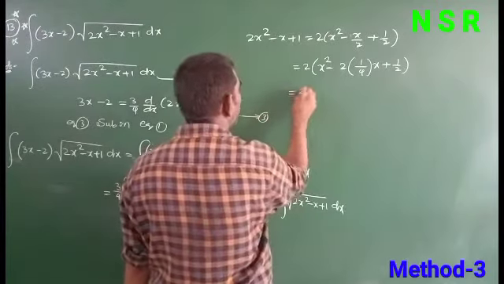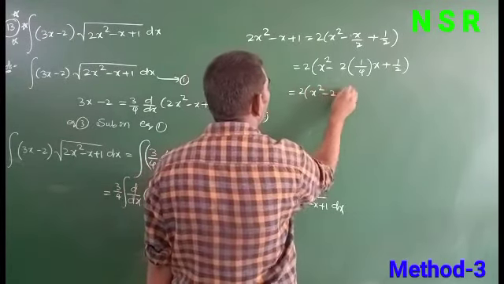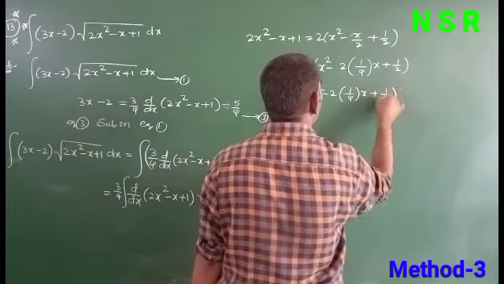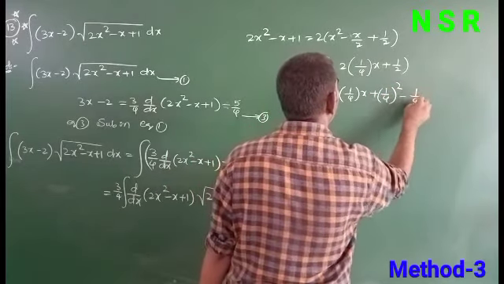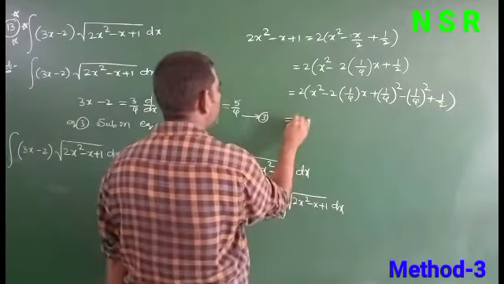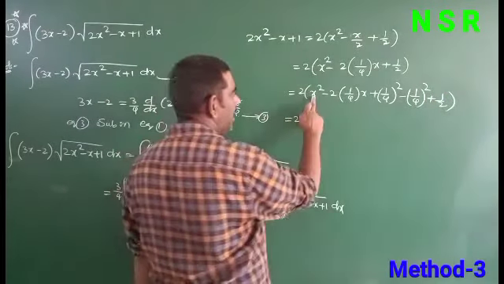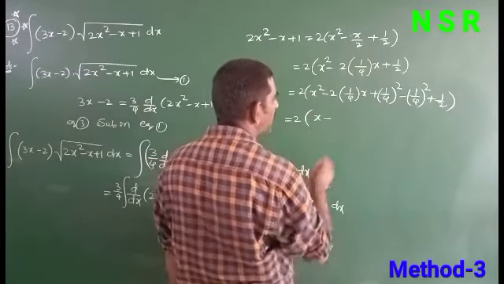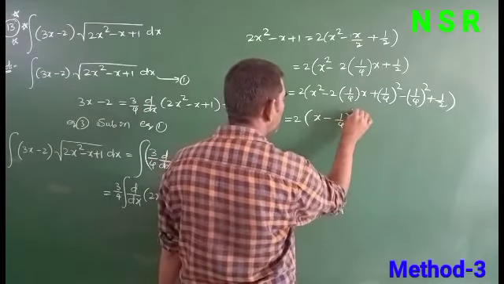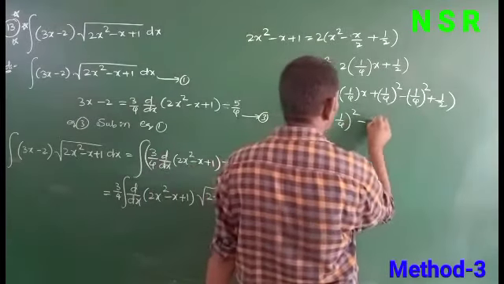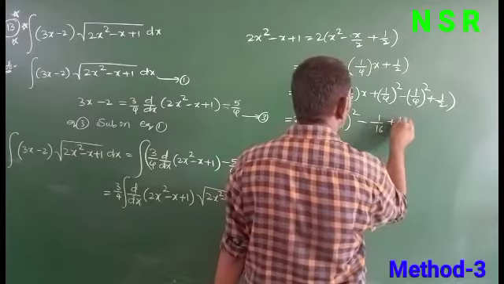Between the brackets we have 1 by 4. Now add and subtract 1 by 4 square, plus 1 by 2. We get 2 into the a square plus b square minus 2ab form, so we can write x minus 1 by 4 whole square, minus 1 by 4 square which is 1 by 16, plus 1 by 2.